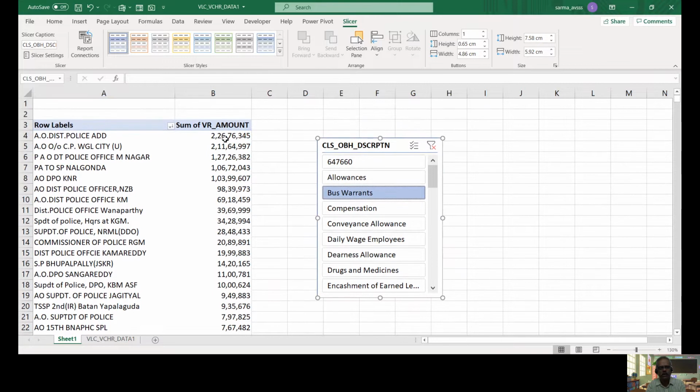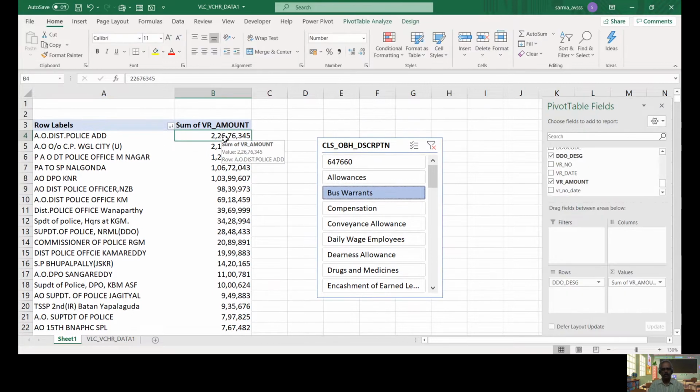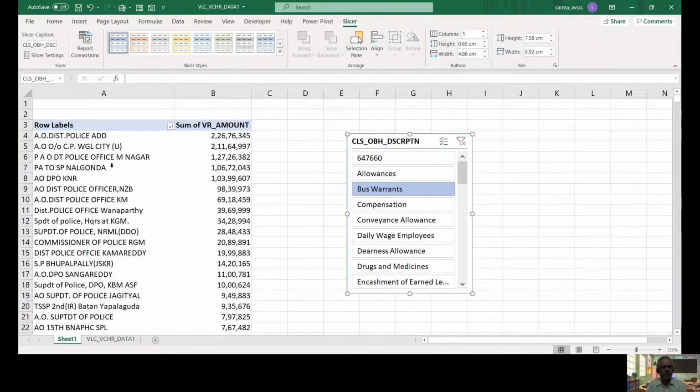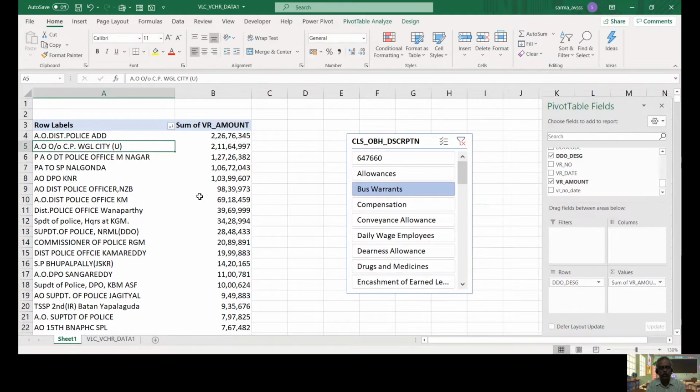Let us see what these bus warrants are. AO District Police spent 2 crore 26 lakhs 76,000. Similarly, Commissioner of Police, Warangal, spent 2 crores. Similarly, Mahbubnagar 1 crore and so on. The District Police Office Adilabad spent 2.26 crores on bus warrants.